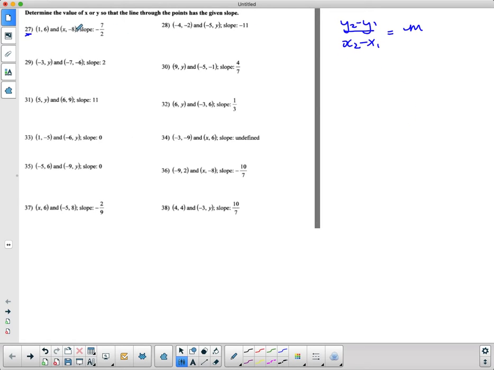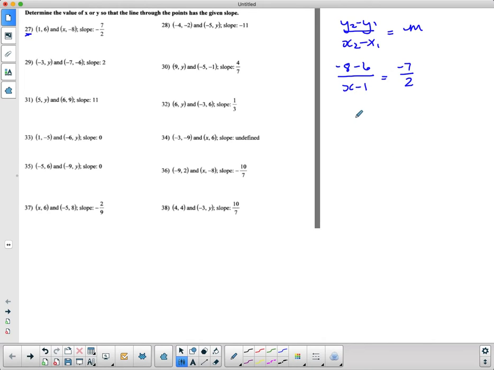So let's fill in. We've got negative 8 subtract 6 over x subtract 1. Now I know this has to work out to be negative 7 over 2.